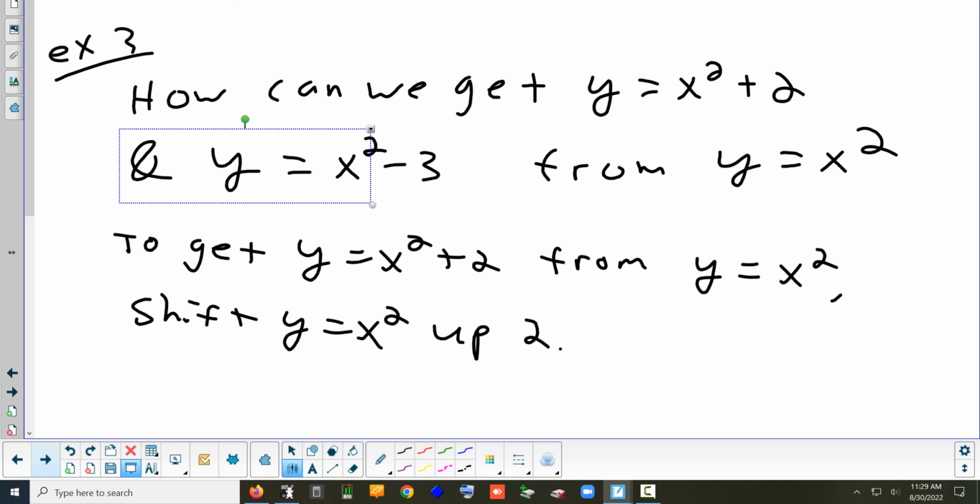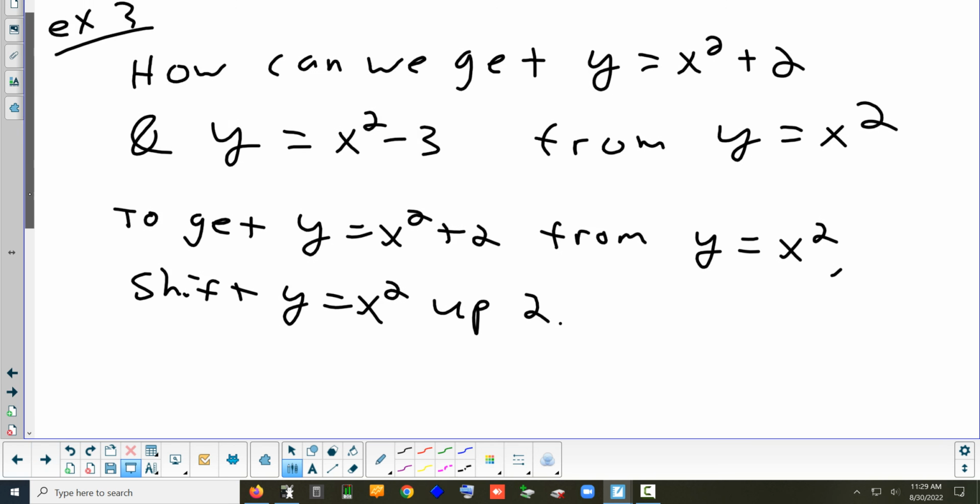Bring it down. You'd shift it down 3 units. Yes. Make sure when we talk about shifting, always use a positive number. Don't say like shift down -2. That's kind of confusing. Just say shift down 2 or up 2. Okay? Down would take the place of the negative.